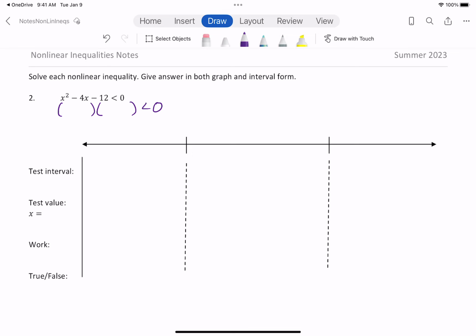I probably would not give you one that had to be solved with the quadratic formula, because that would probably lead to complex or irrational answers that we would have to test and worry about. So you probably aren't going to have to worry about that. They should factor.